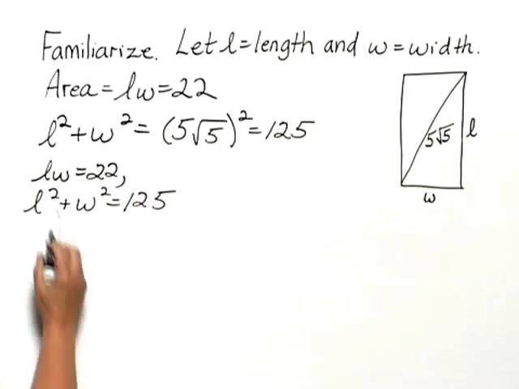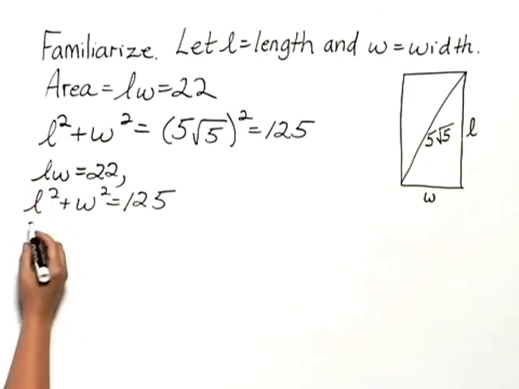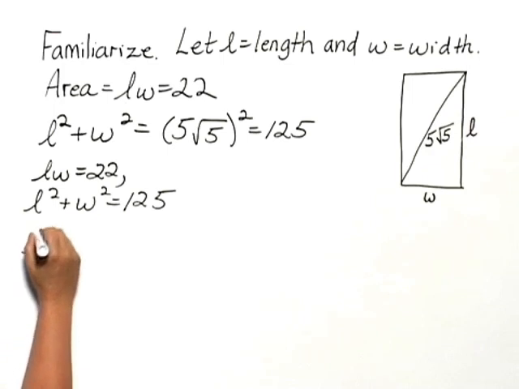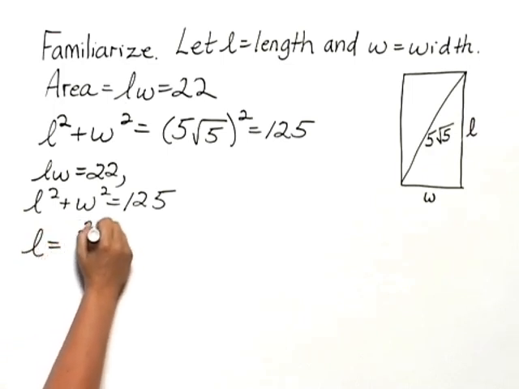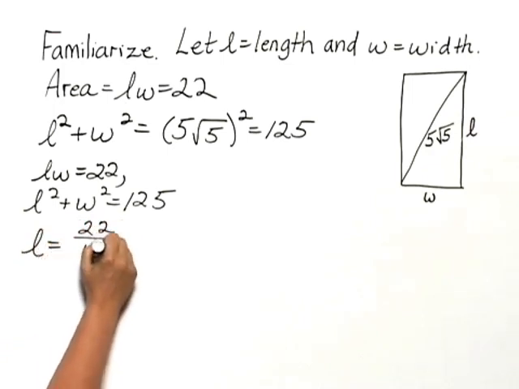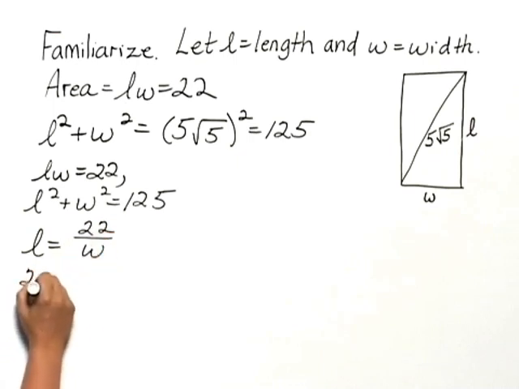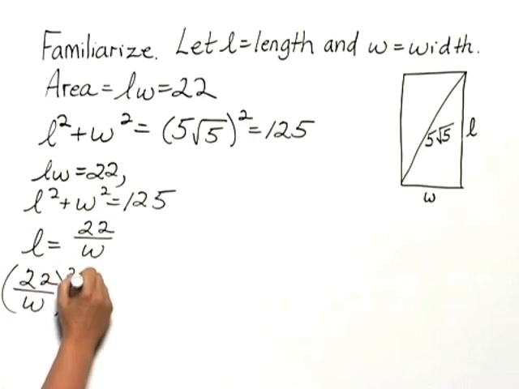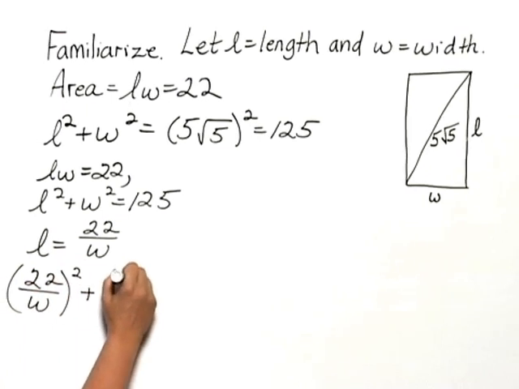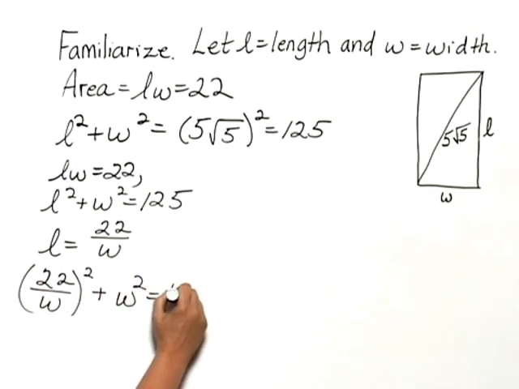In order to solve this, let's solve the first equation for L and substitute that into the second equation. We would have L equals 22 over W, and then we would have (22 over W) squared plus W squared equals 125.